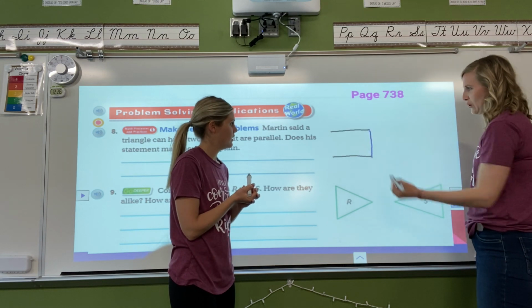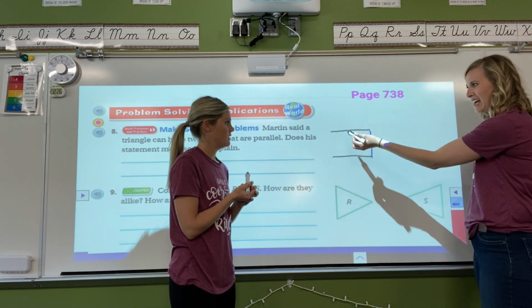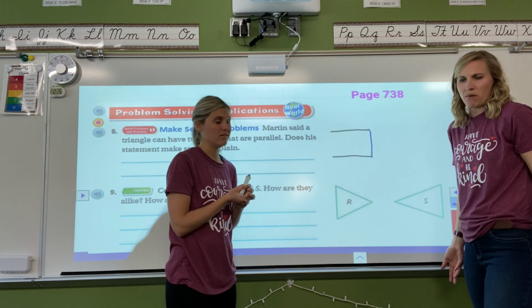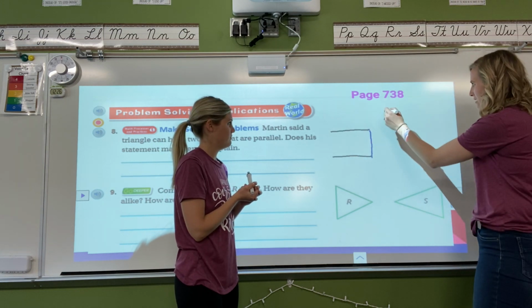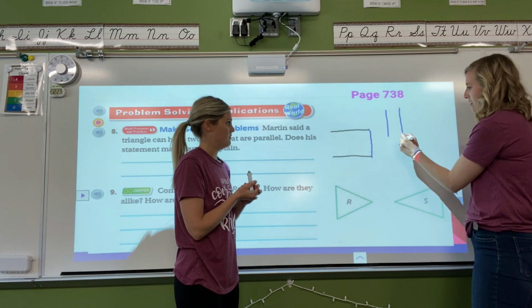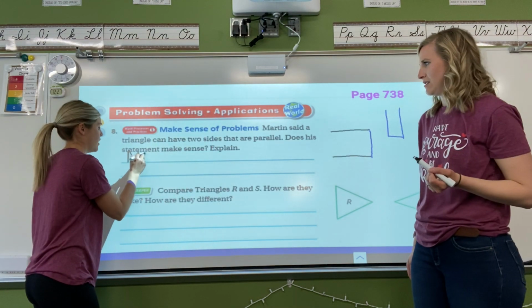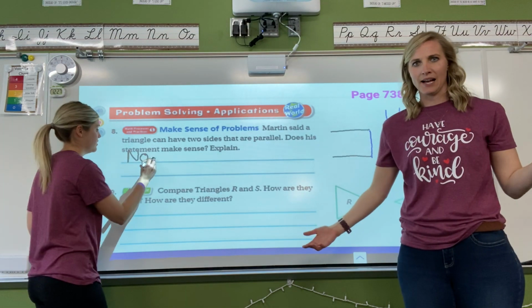I mean, if I connect those, there's 3 sides, but is it a plane shape? No, it's open. So I would say no. Triangles have to intersect.